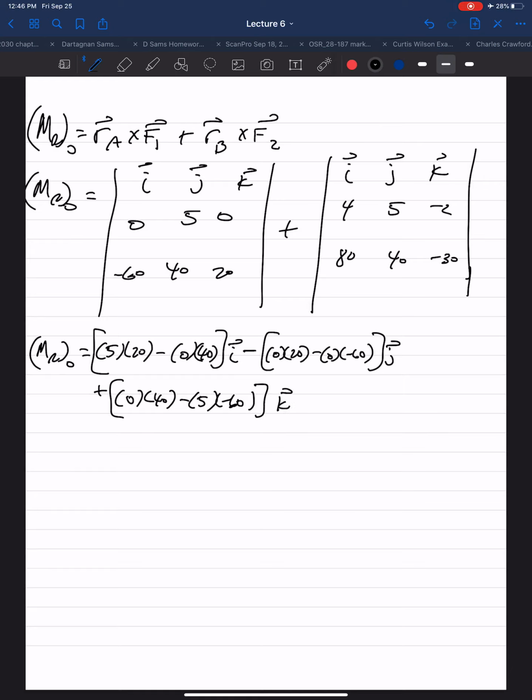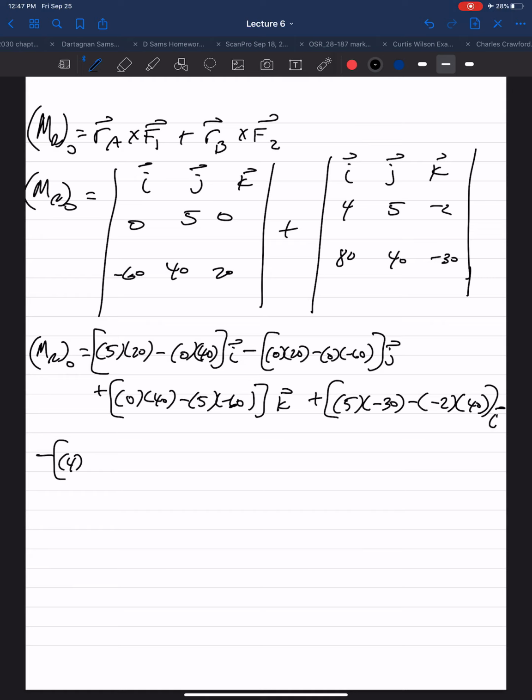Okay. Now for the second determinant, ignoring the top row in the first column for I, we have 5 times minus 30 minus negative 2 times 40 I. Once again, minus the J term, and we're ignoring the top row in the second column.